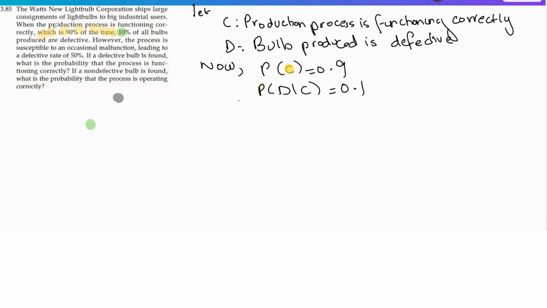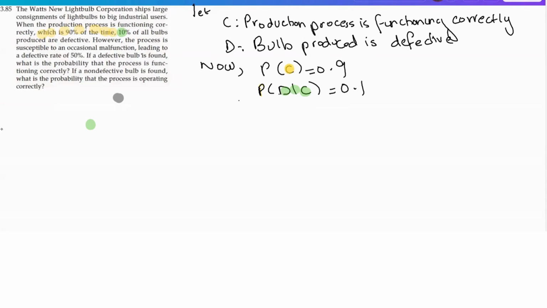But if you ignore that and just read, when the production process is functioning correctly, 10% of all bulbs produced are defective. So this is essentially telling us that given that the production process is functioning correctly, the probability the bulb is defective is 0.1.